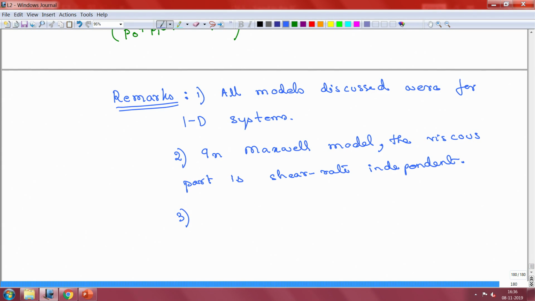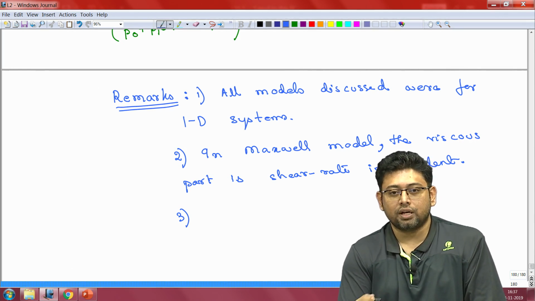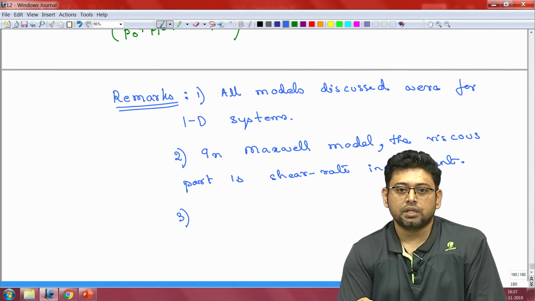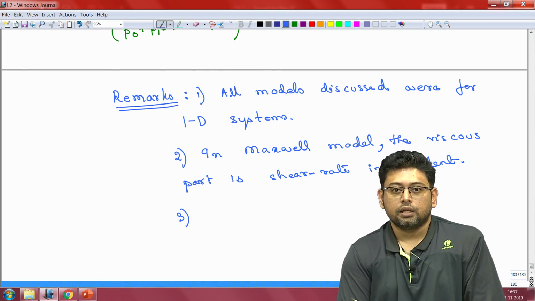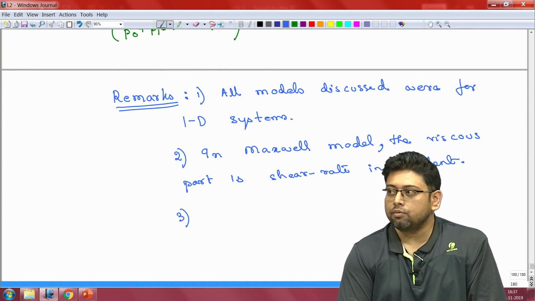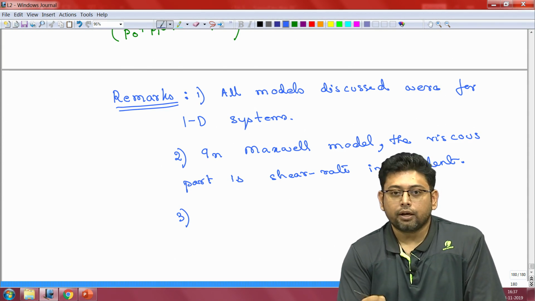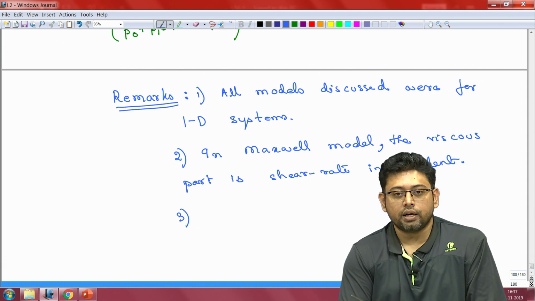Right? Okay. The third important point is, in a Maxwell model, the spring and the dashpot represent phenomenological objects, in the sense that there is no real spring or real dashpot in the system. The spring represents a storage of energy, the dashpot represents a dissipation of energy. They are analogues derived from the continuum world and being applied to the continuum world. So, microscopic features of a fluid are not taken into account in the model itself.